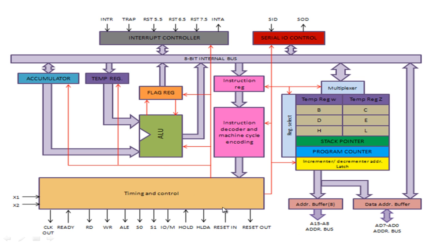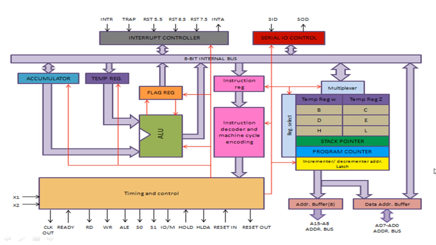Reset in is a very important signal, because when it is applied to the 8085, the 8085 goes into reset mode and the program counter is transferred to the 0000 location, the initial condition. Reset out is used to transfer the reset signal to other peripherals.